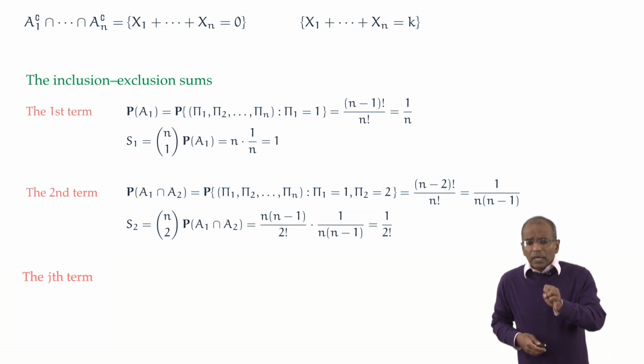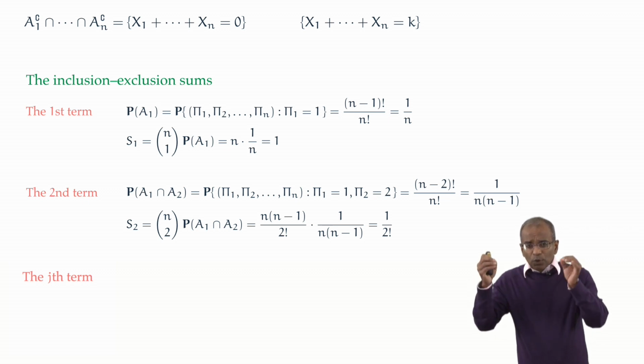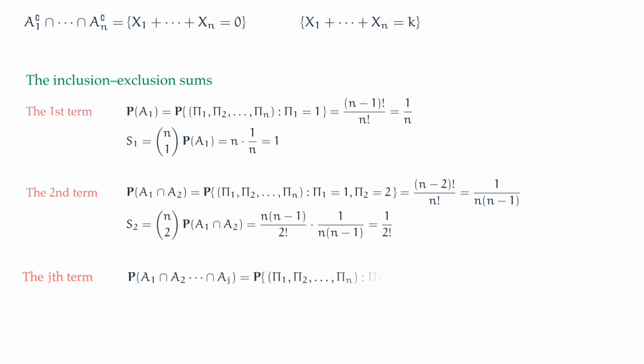The story now is clear, because this means the intersection of A1 through Aj corresponds to exactly the following event. All those permutations where the first j elements are fixed. The first element has to be 1, the second element has to be 2, the jth element has to be j. And the last n minus j elements can be anything they want.